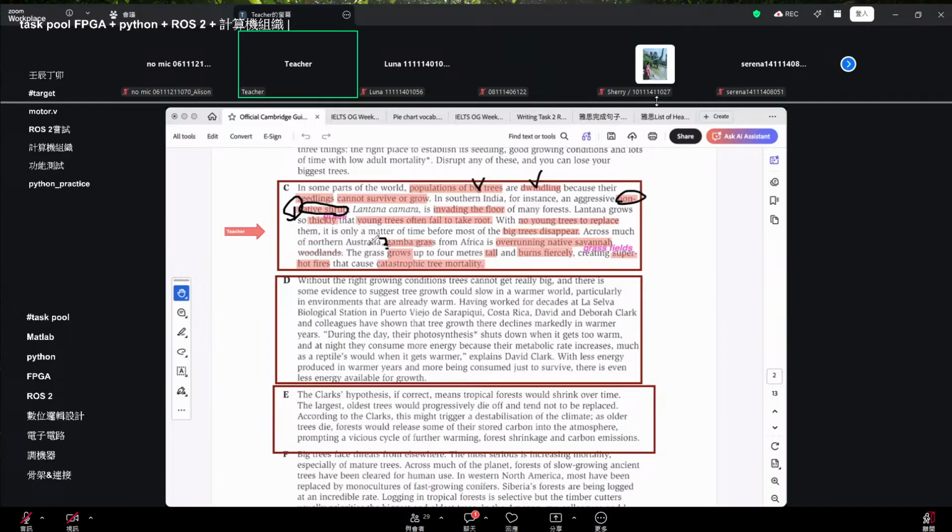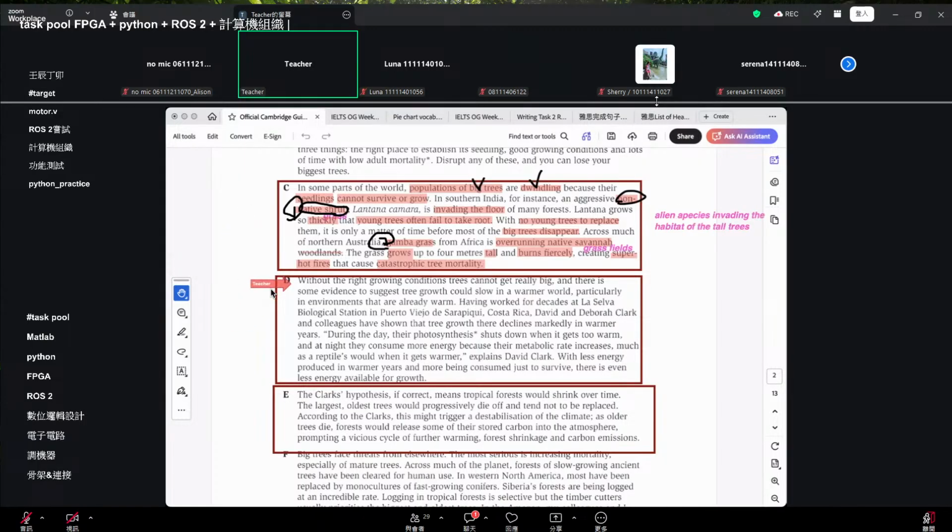Number two is the gamba grass. So these were alien species invading the habitat of the tall trees, the original tall trees.